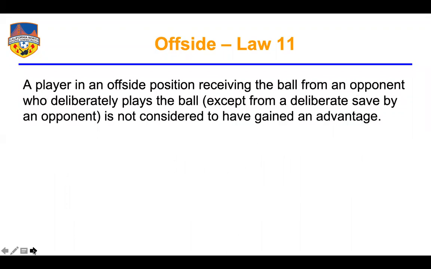Also, something to note regarding gaining an advantage is a player in an offside position receiving the ball from an opponent who deliberately plays the ball, with the exception of a deliberate save, is not considered to have gained an advantage. So now we know that part of gaining an advantage is we're going to be thinking about whether something is deliberate versus deflection. This is a big term and we'll go into it a little bit more.